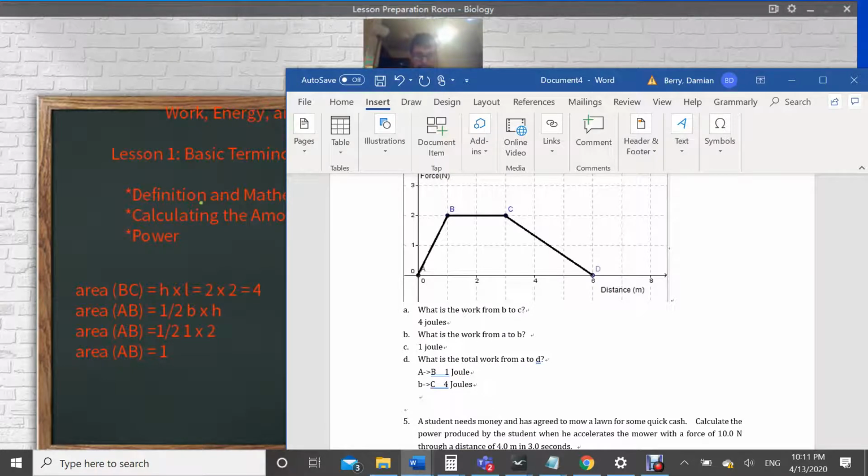And if we know C through D, if we were to combine all of those, we would find the total area, which would give us the total work during the whole interval.